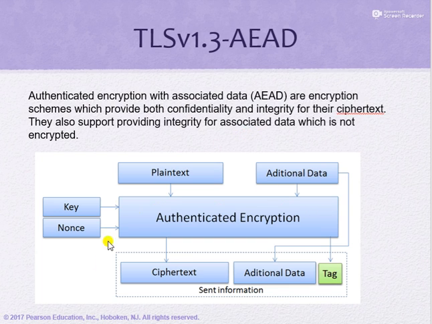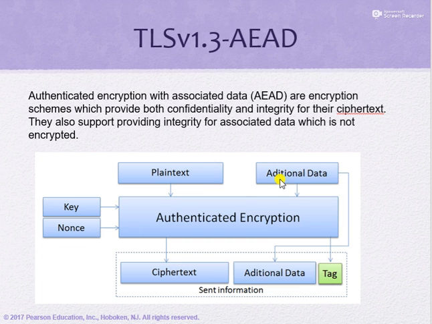Here we show the encryption operation for authenticated encryption. There are four inputs to authenticated encryption: key, nonce, plain text, and optional additional authentication data. This is optional, you can have it or not. We call it AAD, additional authentication data.